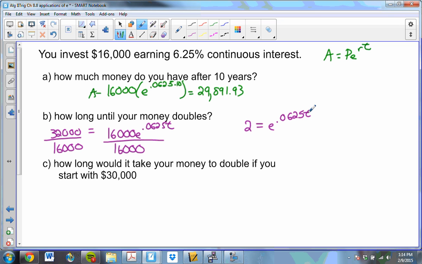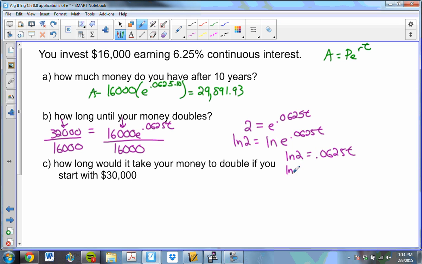So I divide both sides by 16,000, I get 2 equals e to the 0.0625t. And you'll notice that basically the amount of money I started with didn't matter. Since it doubled, I just end up with a 2 over here. We want to take a natural log of both sides to undo that e. The inverse of e is ln basically. And I end up with the natural log of 2 equals 0.0625t.